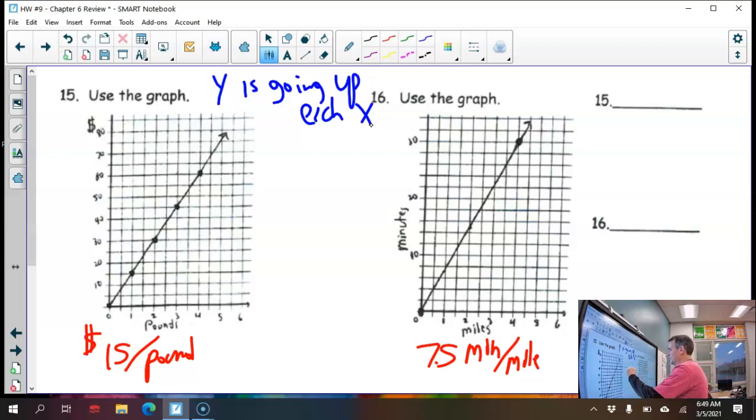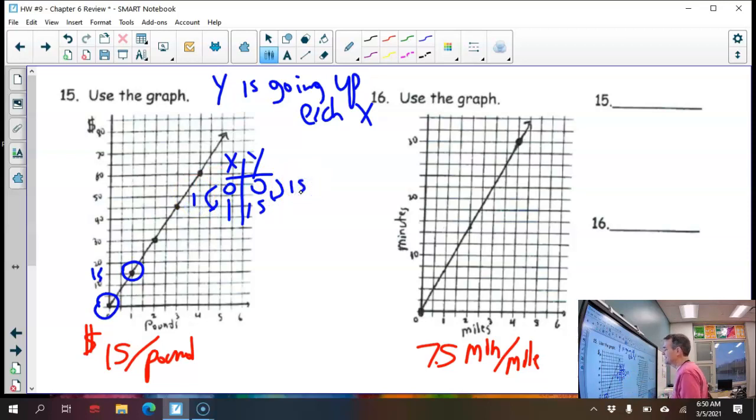So one thing I can do is I can make a little table, and I can pick a couple ordered pairs. Now this is a nice one, 0, 0, so I might as well choose that one. And this graph is actually exceptionally easy because 1 is also on here. X equals 1, and y equals, we'd have to figure it out, that would be 15, right in the middle of 10 and 20. So it's quite obvious for this one, when x goes up 1, y goes up 15.